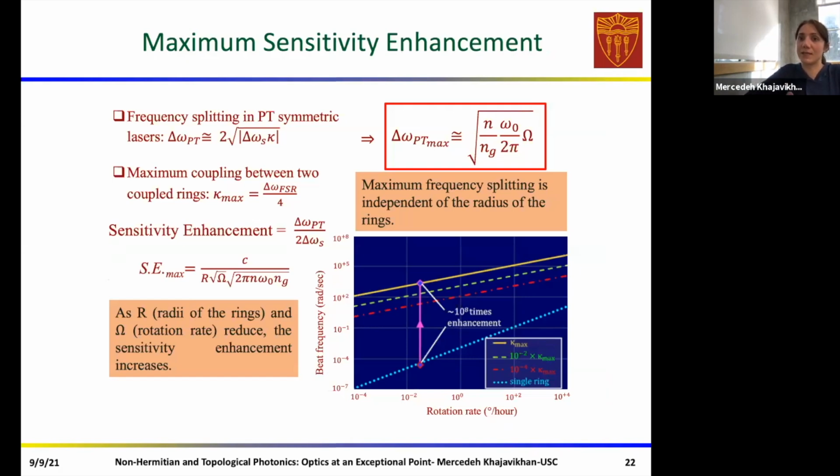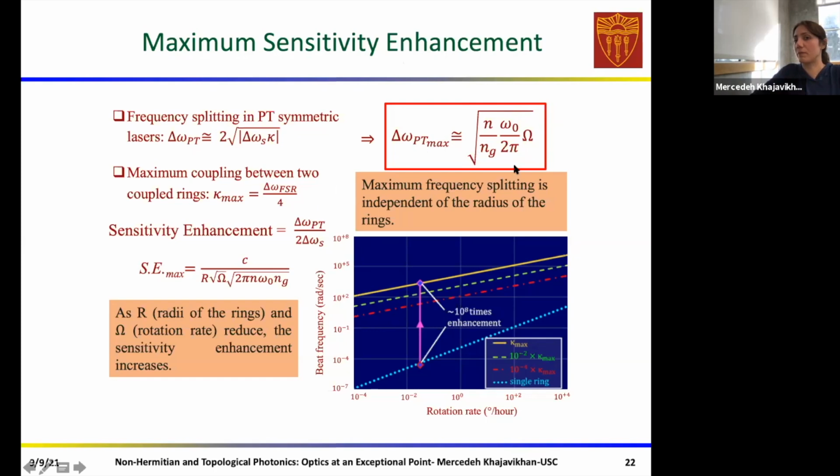Interestingly, we know that ring laser gyroscopes are in fact size-dependent systems, and one of the problems is that their sensitivity becomes smaller and smaller with the size. Now, with the PT-symmetric ring laser gyroscopes that I just showed you, we can show that the maximum frequency splitting is no longer proportional to the size at all.